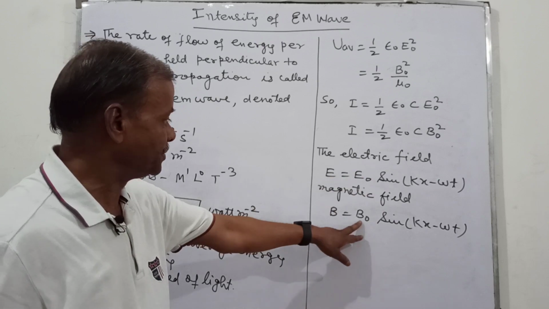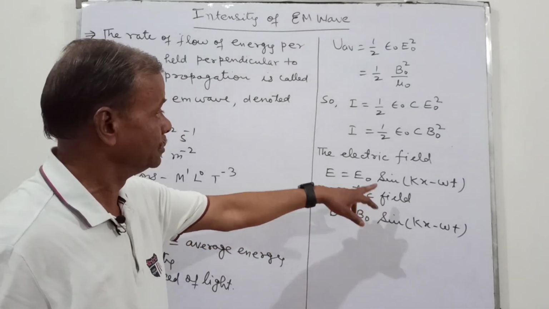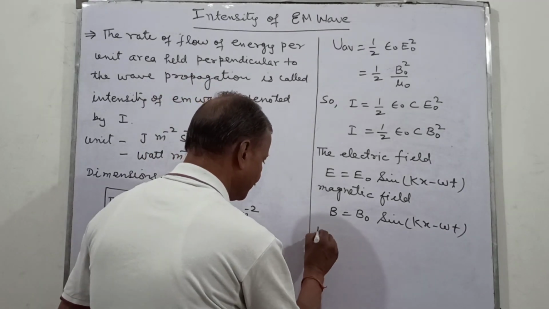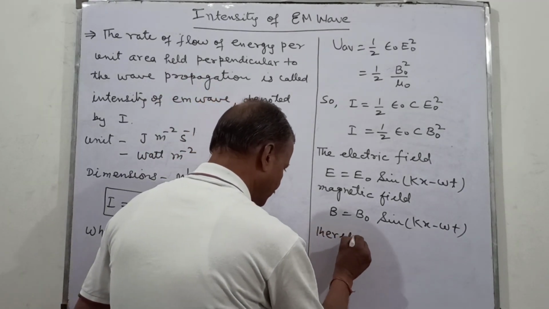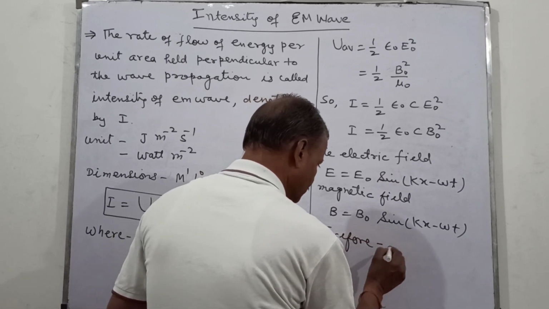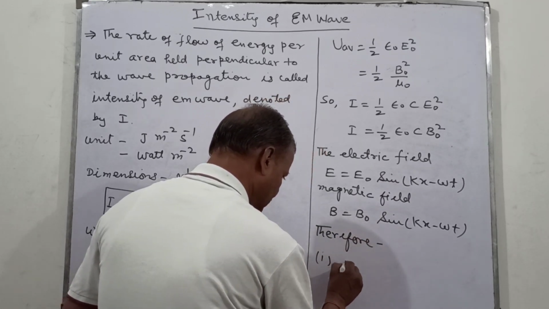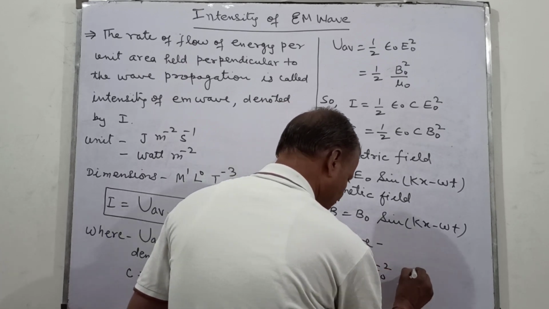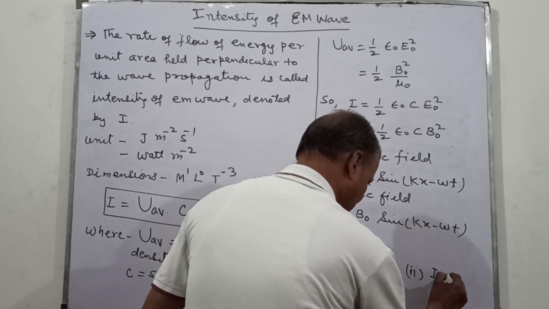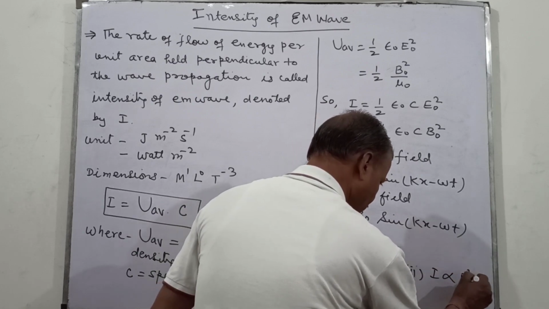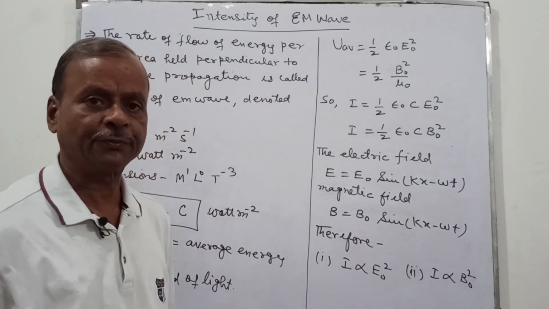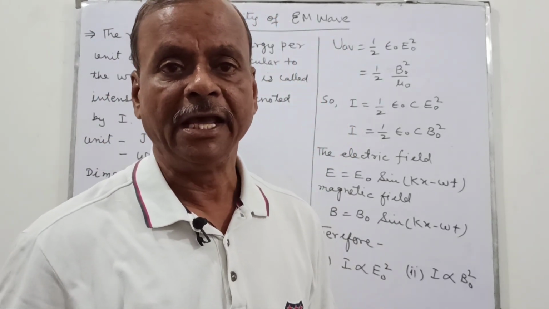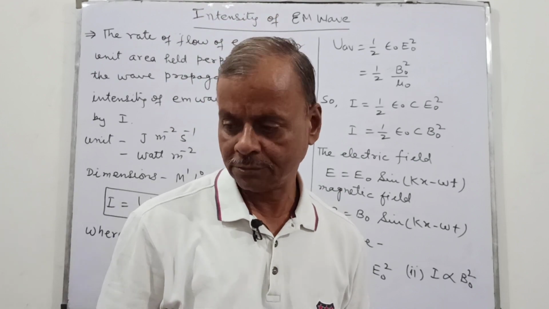Right, so this E naught and B naught are the amplitudes. So we can have that, therefore, number one, this I is proportional to E naught square, and second, this I is proportional to B naught square. This is proportional to the amplitude, as we also know that the intensity always depends upon the amplitude of the wave.